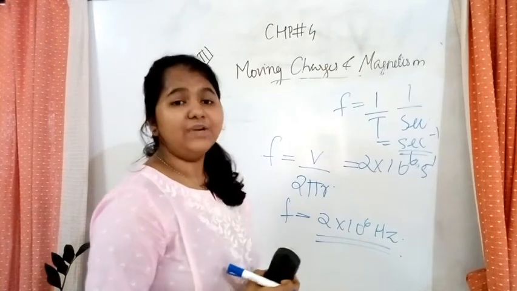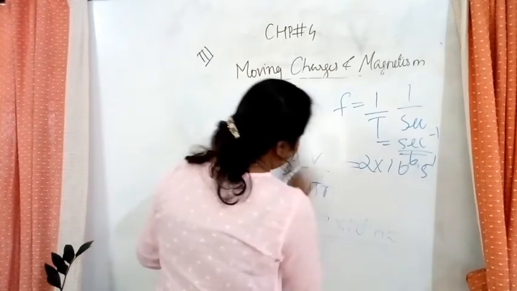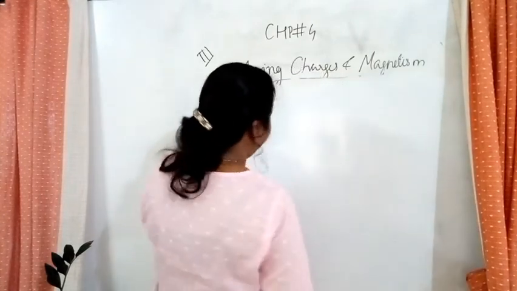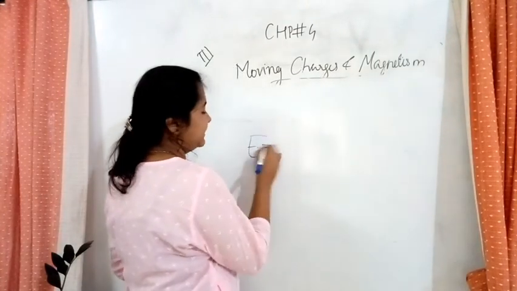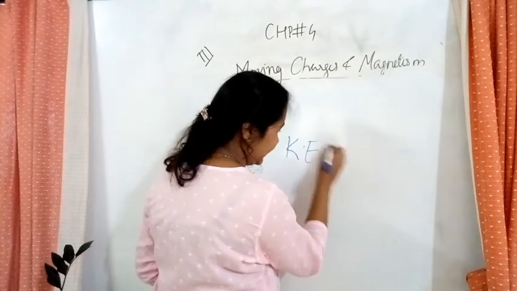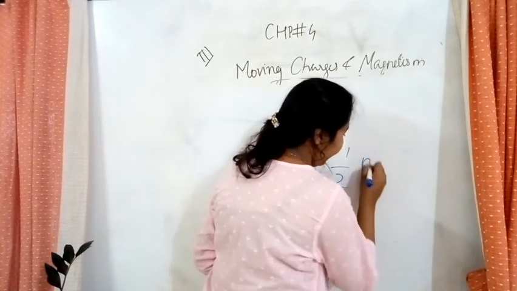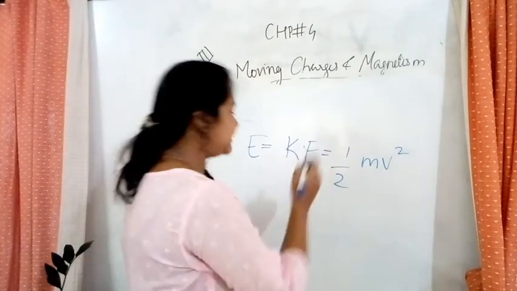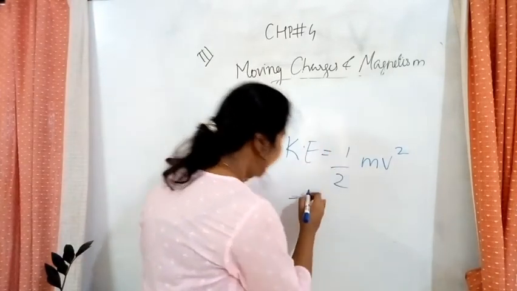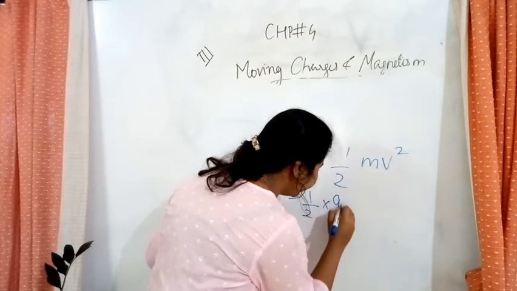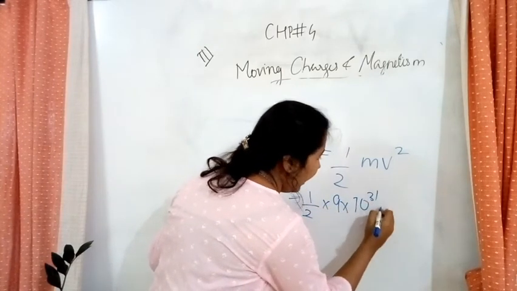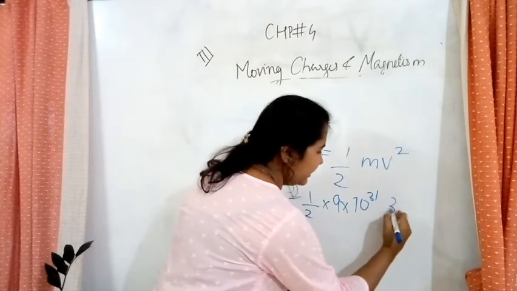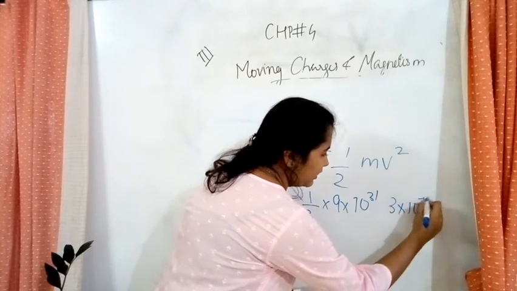Okay. Now what do we have to calculate? We have to calculate energy. So let's see, what energy is that? That is kinetic energy. What is the equation? Half mv square. So let's substitute. That is half into 9 into 10 raised to minus 31, and what would be our v square? That is 3 into 10 raised to 7 whole raised to 2.